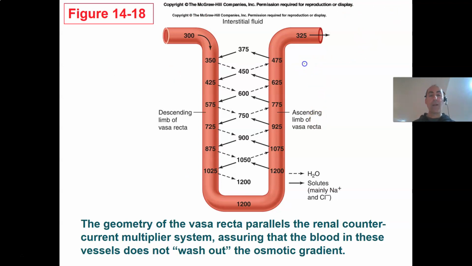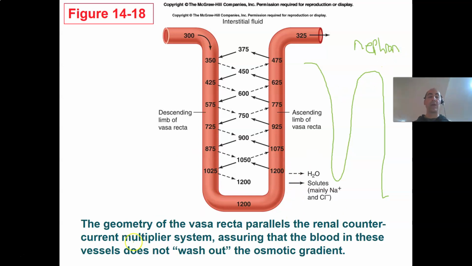Imagine that this thing in green represents the nephron, which is where they're located. You have this highly hyperosmotic interstitium that allows water to be reabsorbed in the thin descending limb and in other places.